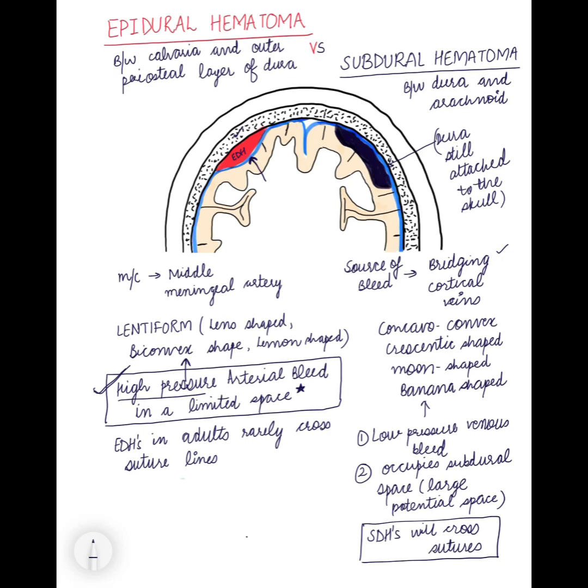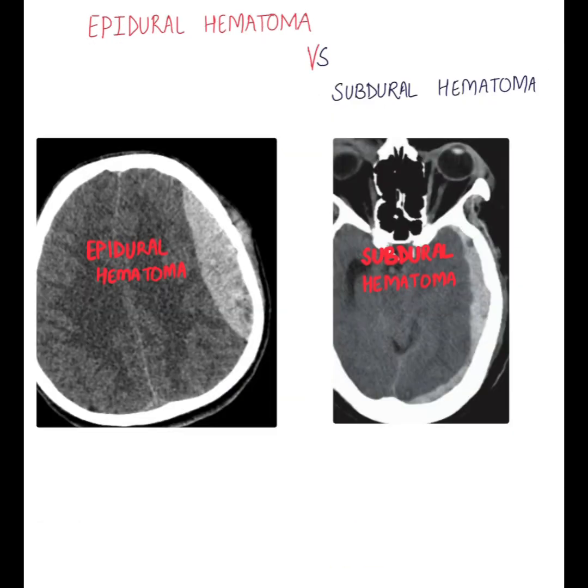And the shape of the SDH is concavo-convex, because it is a low pressure bleed and it occupies a large potential subdural space. EDH in adults rarely crosses the suture lines, while SDH will cross sutures because it is spreading through a subdural space.